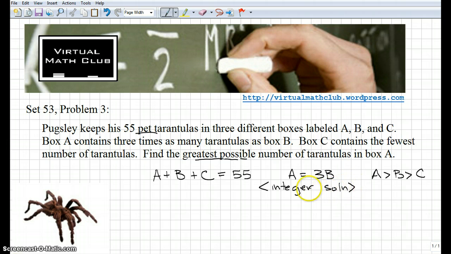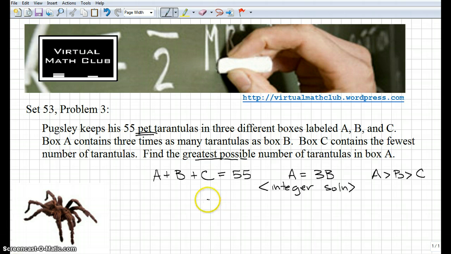That's basically telling us that we're not going to put half a tarantula in one box and half in another box. So these are full tarantulas, they're pet tarantulas. We're assuming that they're live tarantulas, otherwise they would be tarantula specimens. And so we're going to assume that they're whole tarantulas. So that means that the number in each box is a whole number, an integer.